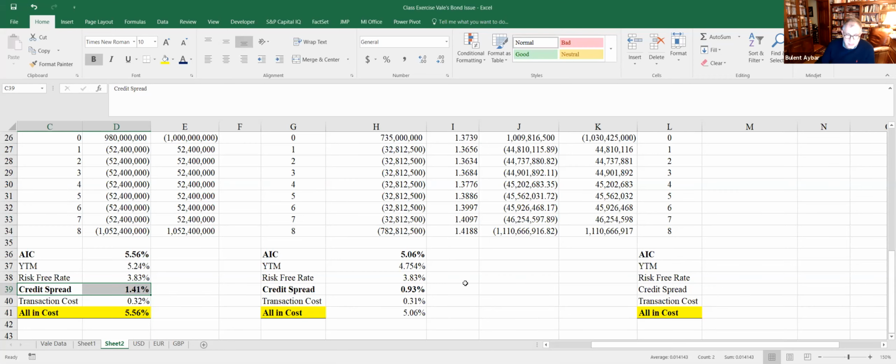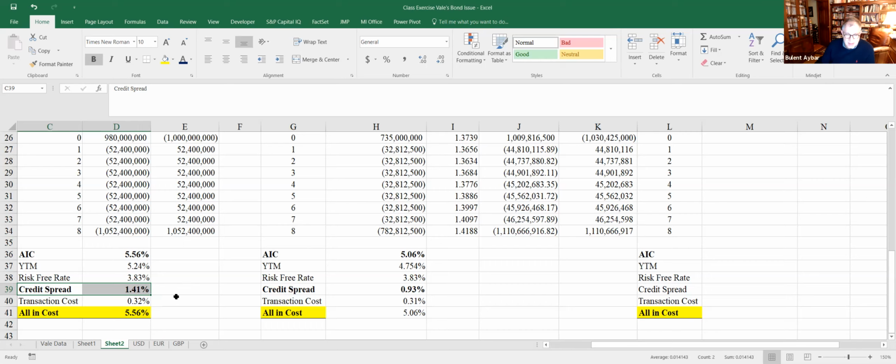That is, the investors are not earning the same rate of return on the same risk company, regardless of the currency.